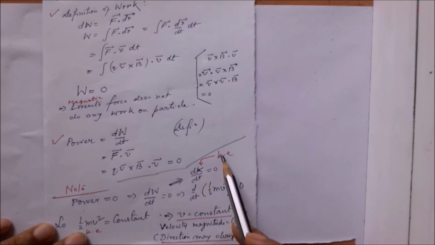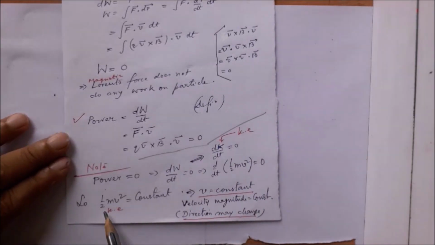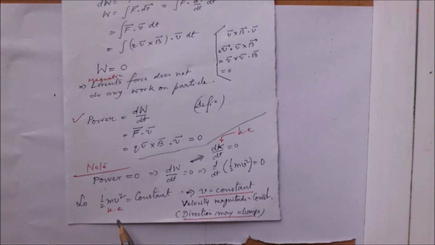Here K is kinetic energy, the expression of which is half mv square. So d/dt of half mv square is 0, which means that the kinetic energy half mv square is constant, and this means v is constant, that is, the velocity magnitude is constant.